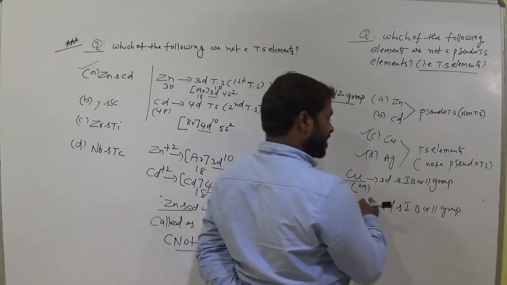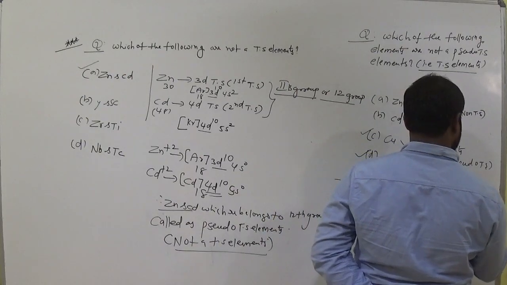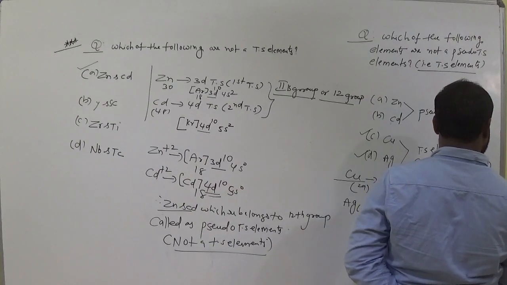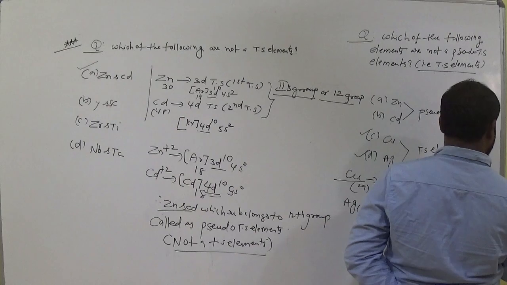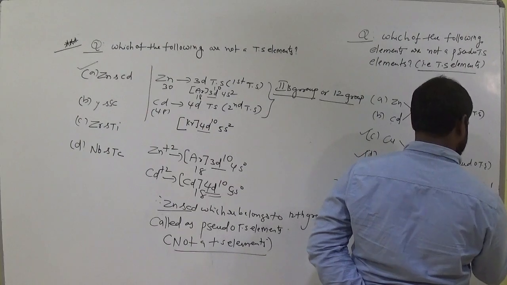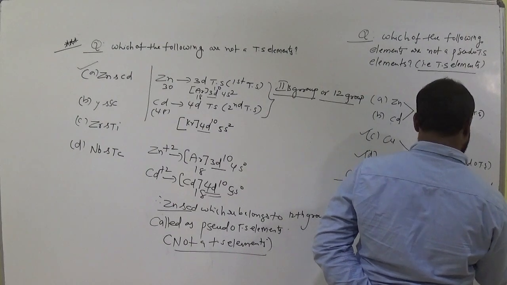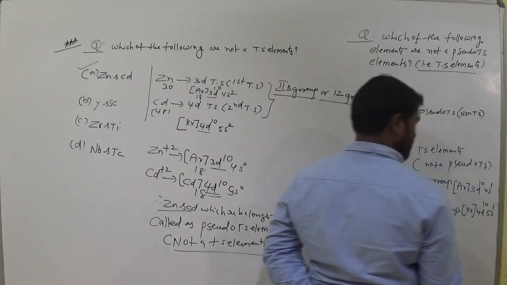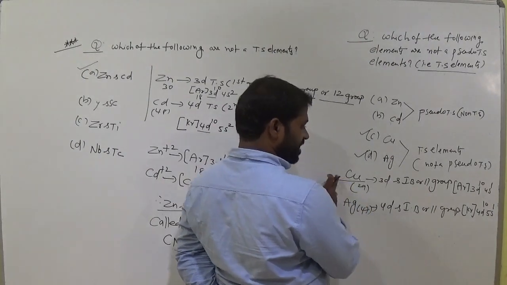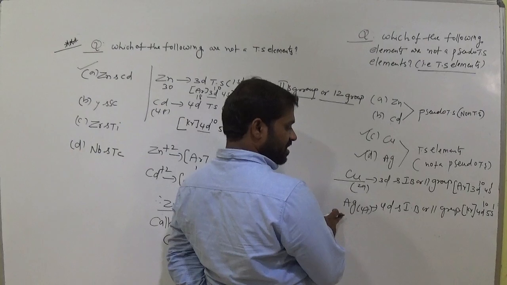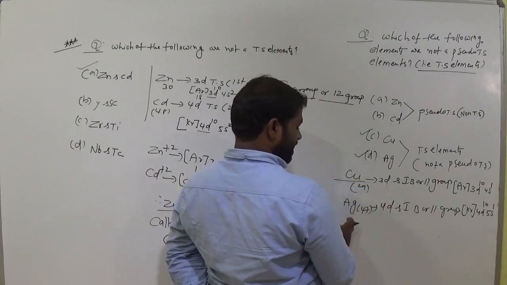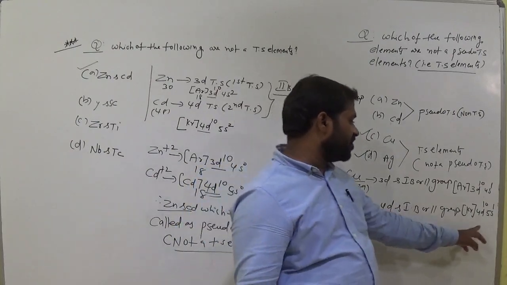What is the electronic configuration here? Copper is argon 3d10 4s1, and silver is krypton 4d10 5s1.